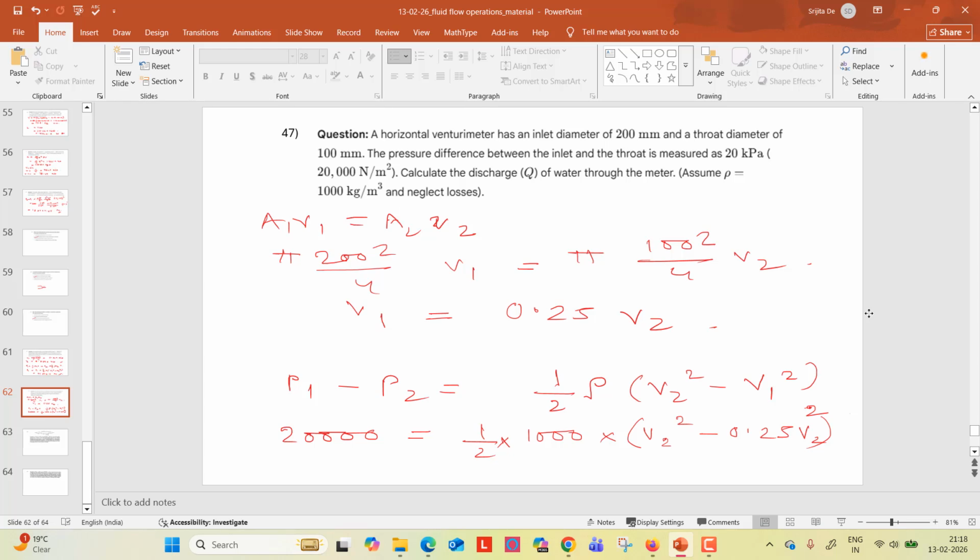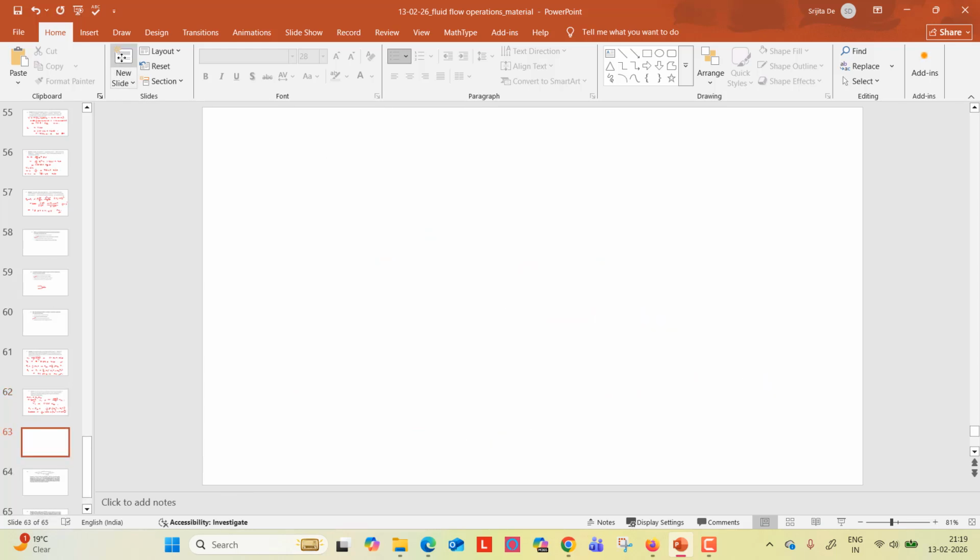That is coming as 42.6. So root under this is 6.532. So V2 is coming as 6.5319 meter per second.